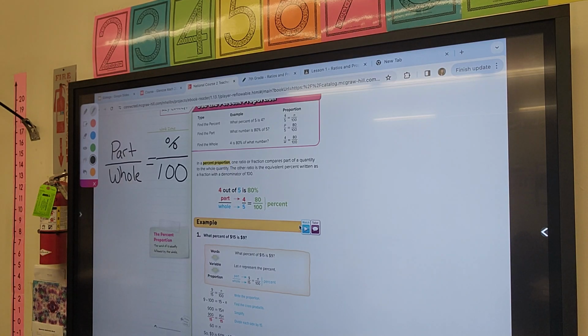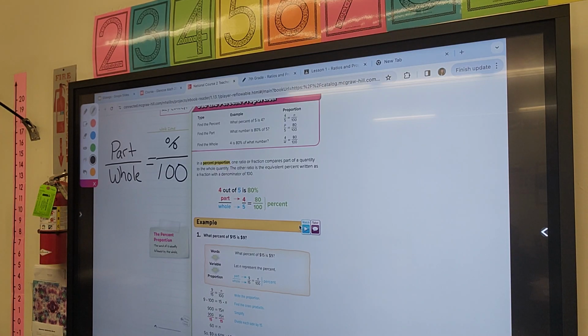So in a percent proportion, one ratio or fraction compares part of a quantity to the whole quantity. So part to whole. The other ratio is the equivalent percent written as a fraction with a denominator of 100.